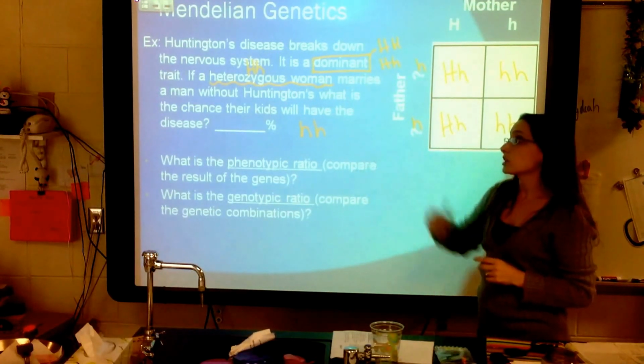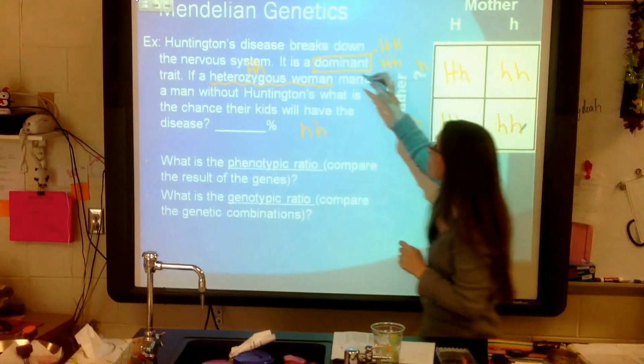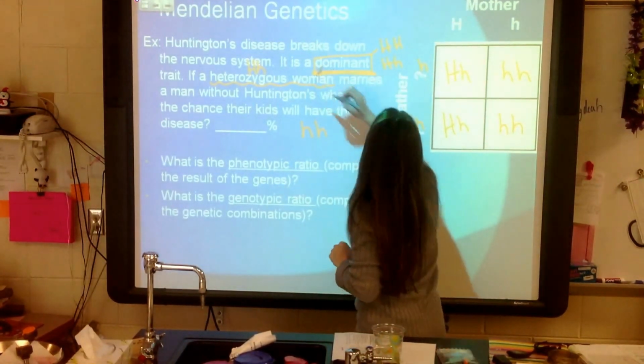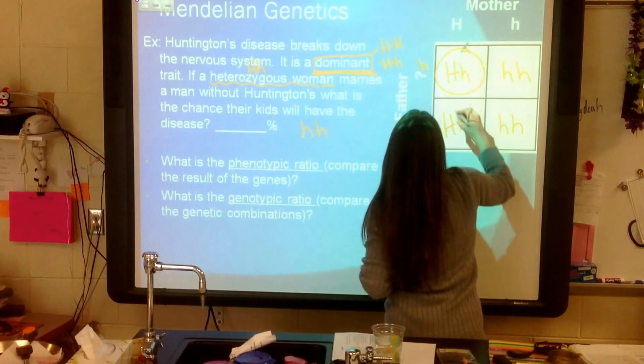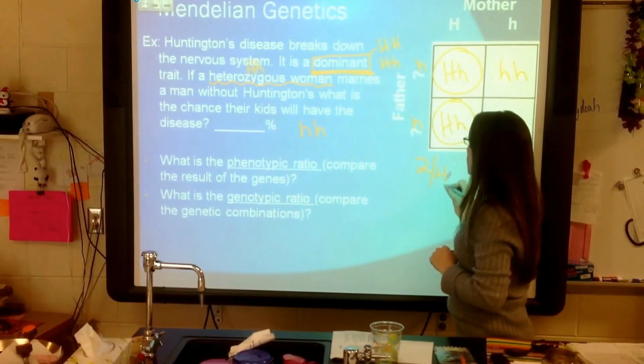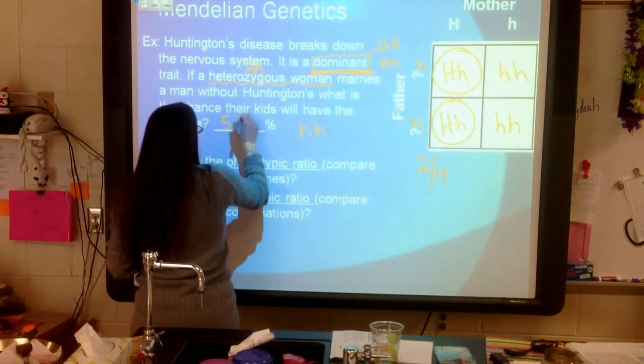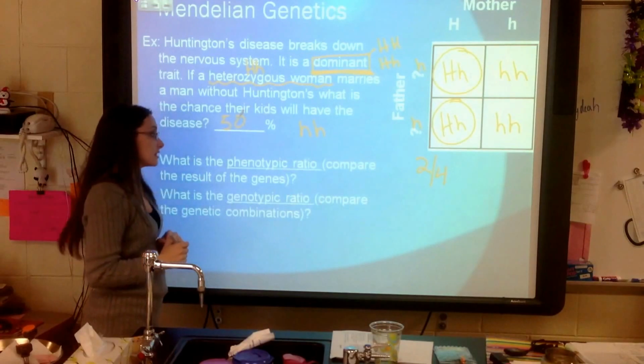Then we answer the question, what is the chance their kids will have the disease? Remember, it's dominant, so this one is dominant and this one is dominant. That's 2 out of 4. 2 out of 4 is 50% of their children will have the disease.